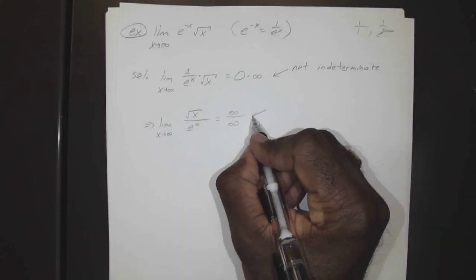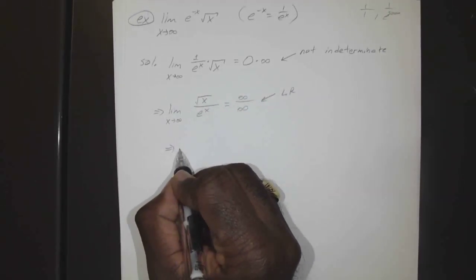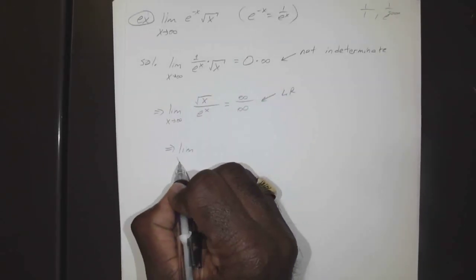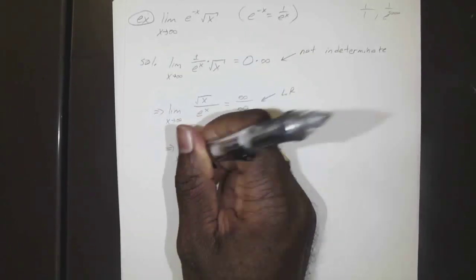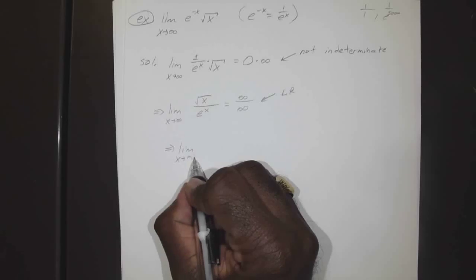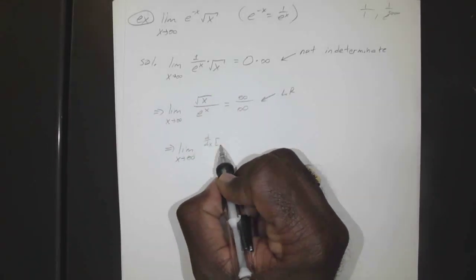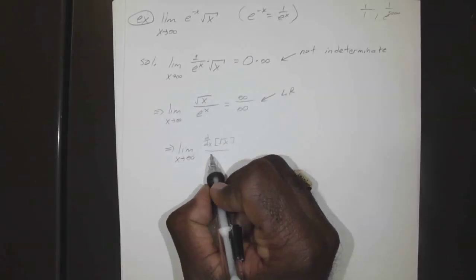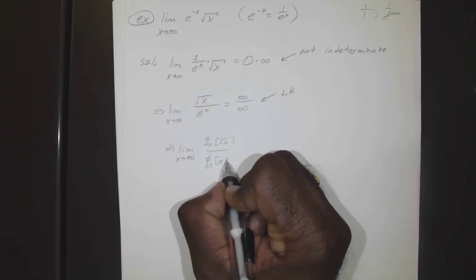Okay, so here we can actually apply L'Hopital's rule. So we have the limit as x approaches infinity of the derivative of square root of x over the derivative of e to the x.